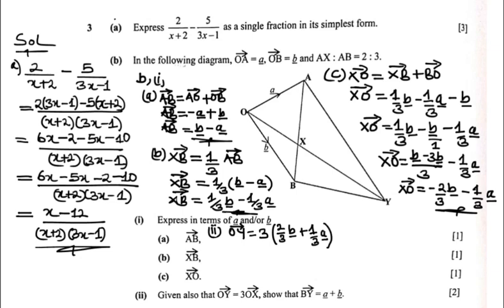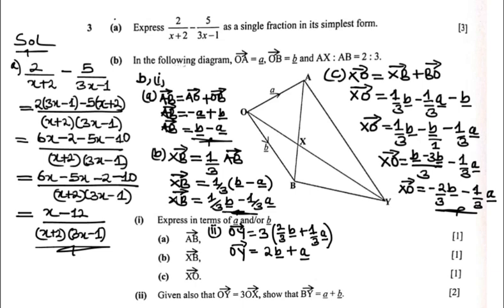Multiplying 3 times what is in brackets, this gives OY vector equal to, 3 times 2 over 3 b vector gives 2b vector, then plus 3 times 1 over 3 a vector, that gives a vector. To show that vector BY is equal to a vector plus b vector, this will involve OY vector.